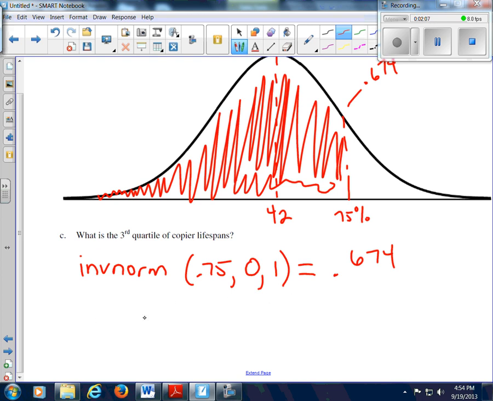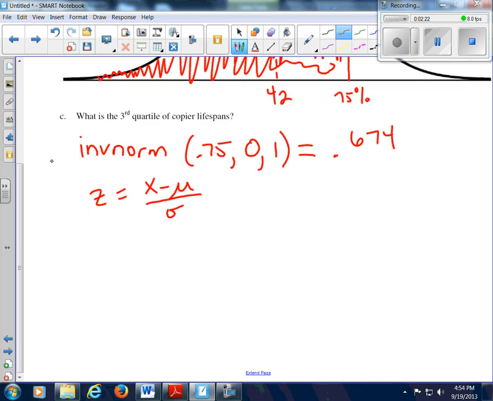Well, now that I have a z-score, I can use the z-score formula. And remember that x is the number of months, μ is going to be the mean of 42 months, and we have a standard deviation of 7. So what I know at this point is I have a z-score of 0.674 at that place on my normal distribution. I've got x that I'm trying to solve for.